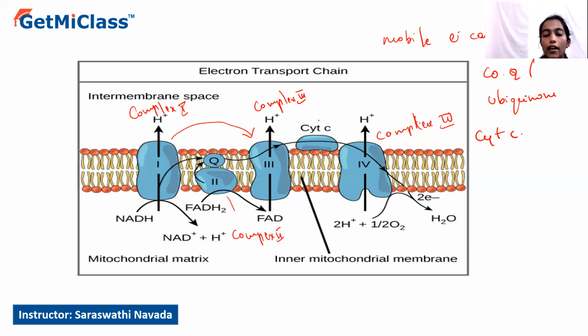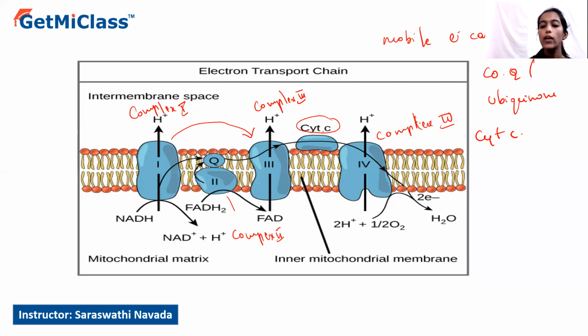Whereas cytochrome C is the electron carrier between complex 3 and complex 4, transporting the electron from complex 3 to complex 4. So that is regarding the complexes and electron carriers present in the electron transport chain, and all of these are present in the inner mitochondrial membrane.